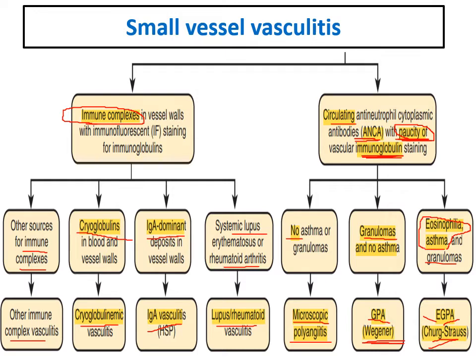These are the most important, and never forget about Churg-Strauss: there is a history of asthma and eosinophilia to differentiate. As we are going to discuss, you should know the main characteristic of each type and how to diagnose.